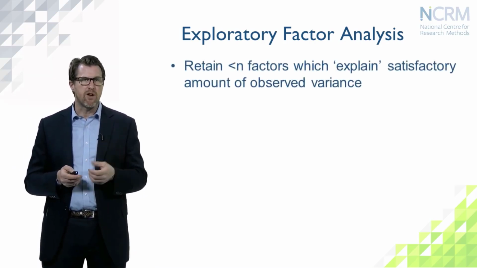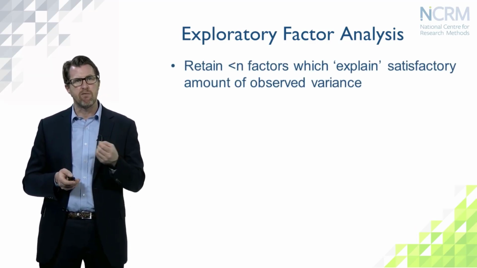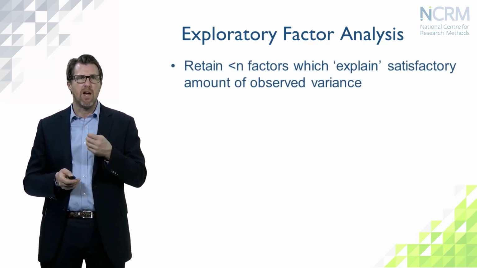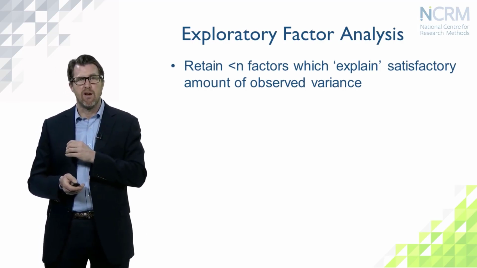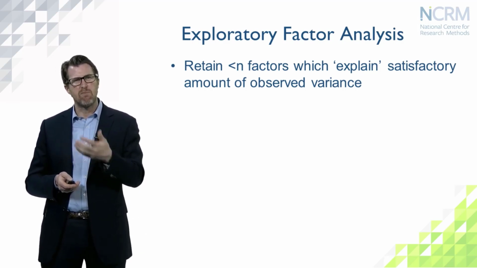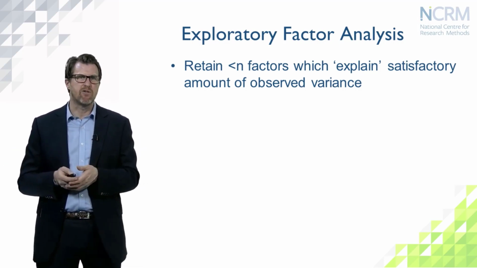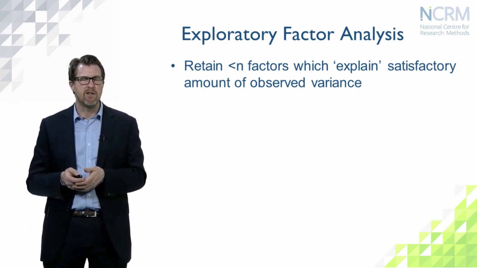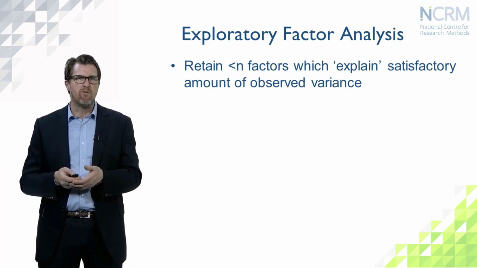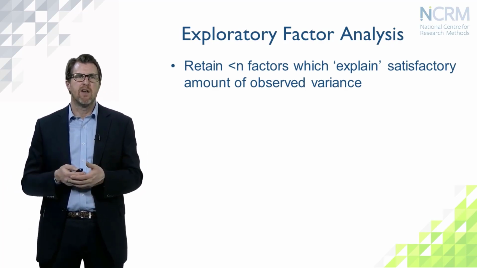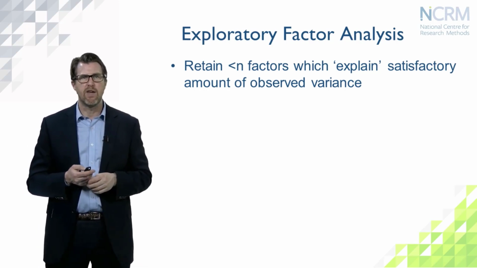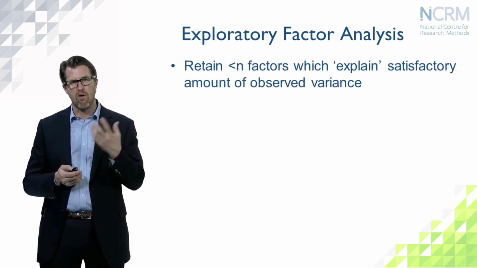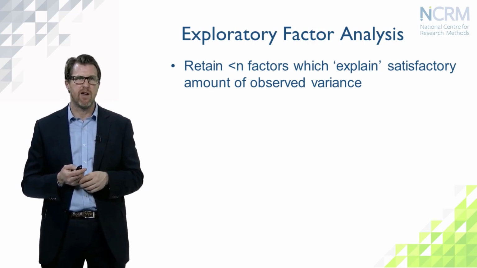One kind of heuristic judgment would be to retain a number of factors, less than the number of observed variables, that explain some satisfactory amount of the observed variance. So we might say we'll retain as many factors as are needed to explain 70% of the variability or the correlations between the observed variables.